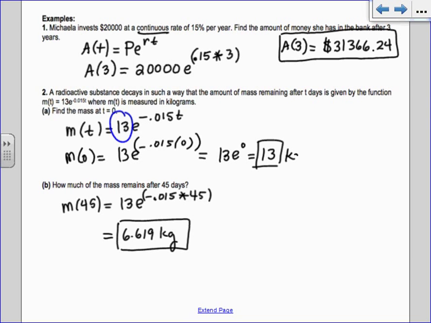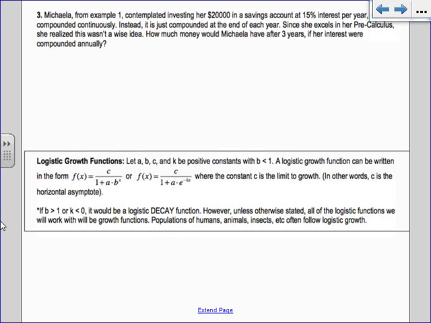Should write kilograms there too. Always write your units. And when in doubt, round to 3 decimals. That's always what you have to do on the AP Calc test. If you decide to take AP Calc next year, it should always be 3 decimals, so get in that habit now.